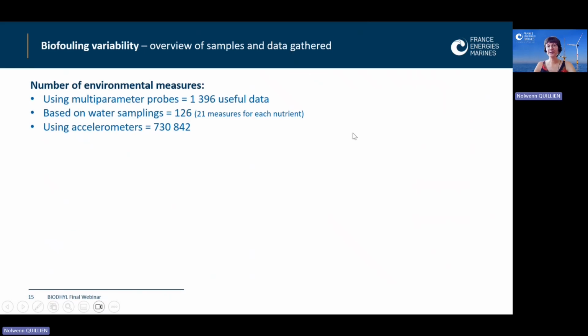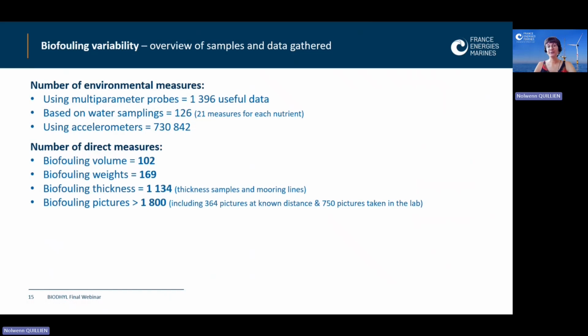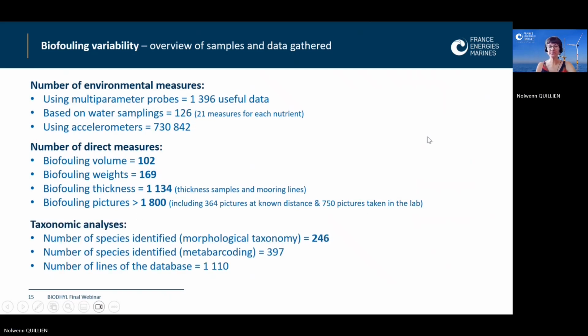So we gathered lots of environmental data, as well as quite a lot of biofouling measurements. So for example, we measured more than 100 volumes, almost 2,000 weights, and over 1,000 biofouling thicknesses. And we also took pictures, including pictures with known distance during the surveys.